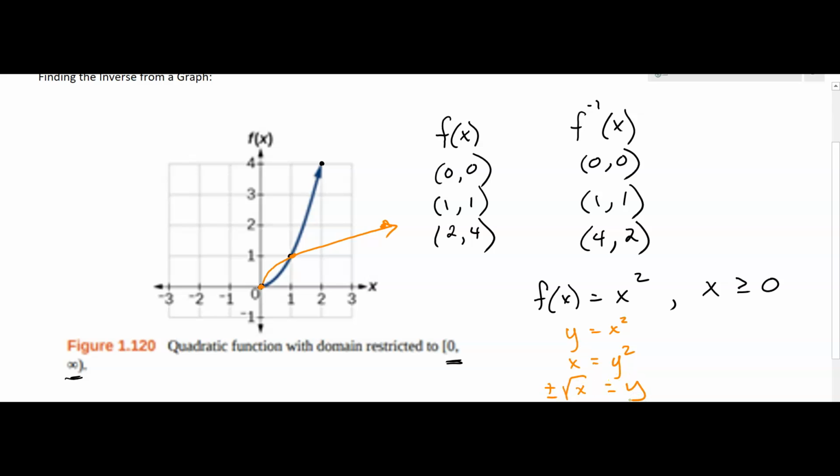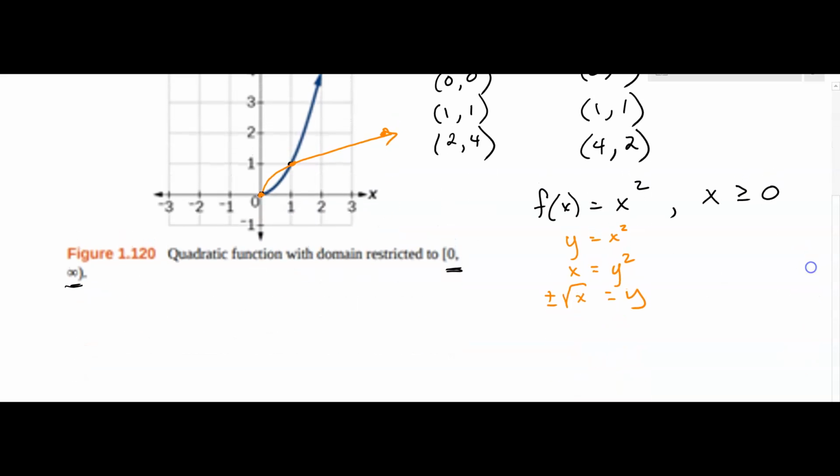I'm spending a little bit of time on this, but that's how you would solve it. The problem comes in the restriction because we needed it to be 1 to 1. Remember, we said x had to be greater than or equal to 0. Then that means in the inverse, y has to be greater than or equal to 0.